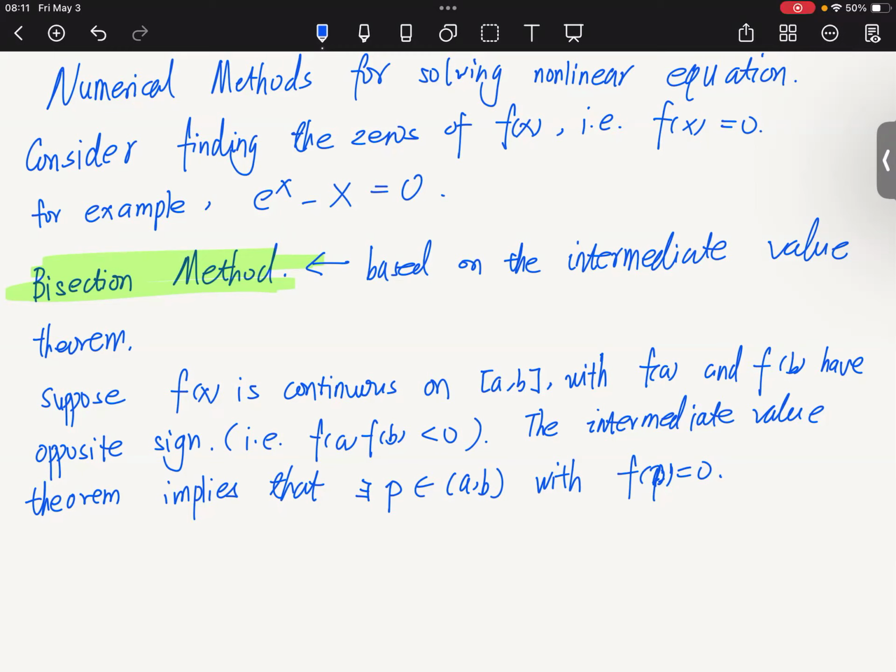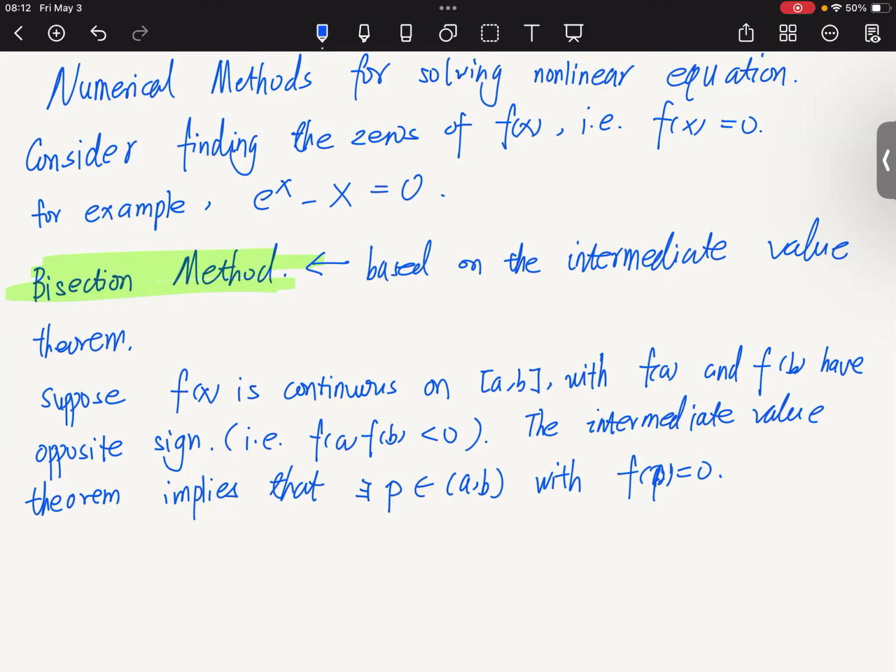So there's one possibility that we have multiple roots here, but for the algorithm below, let's assume there's just one root, though actually you can solve for multiple roots. At the end of the day, with the bisection method you are going to approach one of the solutions here.